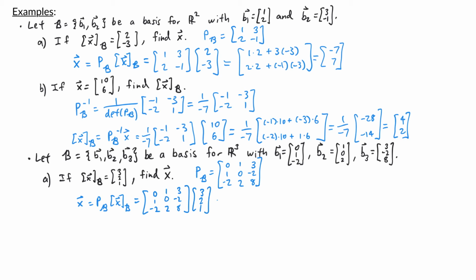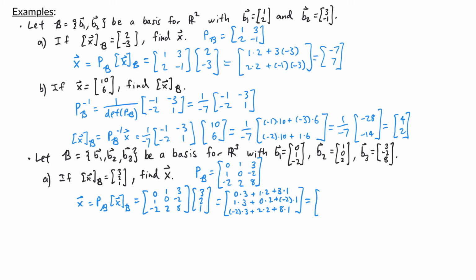So in this product, the top entry is 0 times 3 plus 1 times 2 plus 3 times 1. The middle entry is 1 times 3 plus 0 times 2 plus negative 2 times 1. And then the bottom entry is negative 2 times 3 plus 2 times 2 plus 8 times 1.